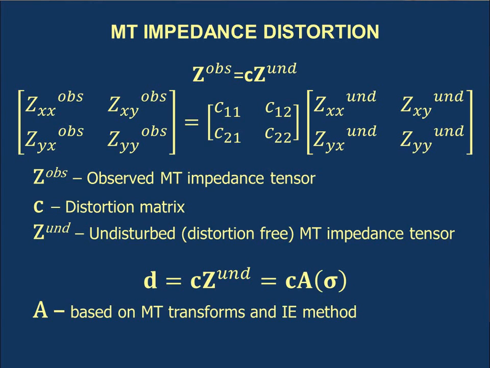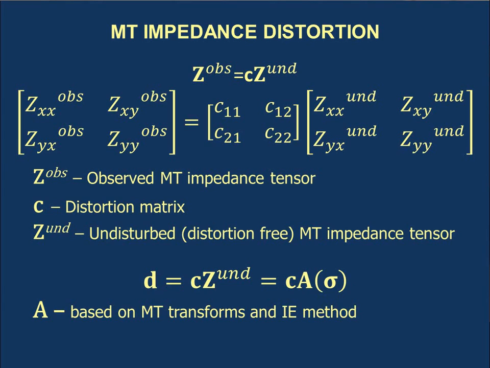Here we write it in operator notation. Again, we have the distortion matrix, and then we have forward operator A acting on the conductivity distribution. This forward operator A is based on the integral equation method to compute predicted fields before we transform them into impedances.